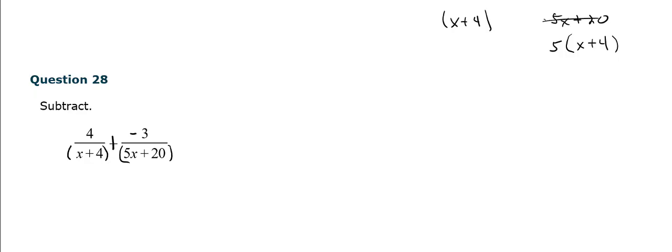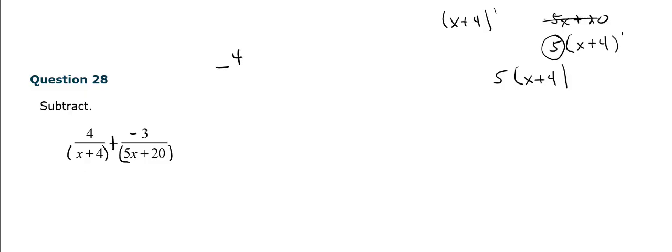So when we look at finding our common denominator, remember we use every factor, so we're going to use the 5. And they both have x plus 4 to the first power, so we only use x plus 4 one time. So our common denominator is 5 times x plus 4. So I'm going to rewrite my problem vertically.